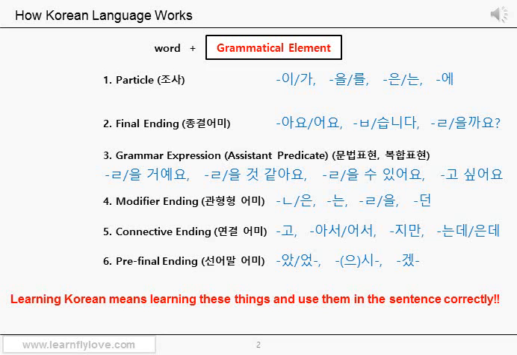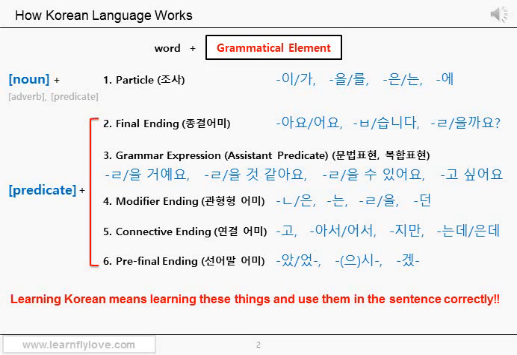But you don't have to think it's too complicated because of all the names and terms these things have. Simply, particle is mostly added to a noun. Only auxiliary particles can be added to adverbs and predicates too. And the rest of them are added to the stem of the predicates. So from number 2 to number 6, they are basically the same things to you.